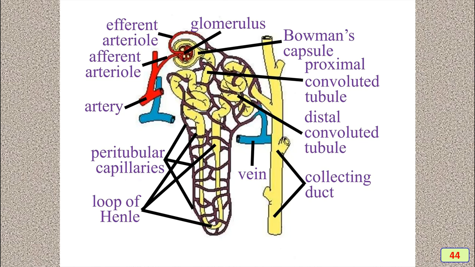Then the afferent arteriole is coming from the renal artery. Then the efferent arteriole is the one which is going away from the organ, and it is going to supply.